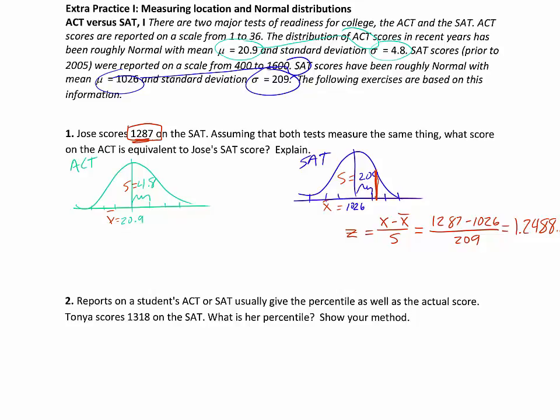So what we're trying to find is what ACT score is equivalent. Let's see. So we need to be in the same spot on the curve, right here. So if his z-score was 1.24, we're going to have a z-score of 1.24.